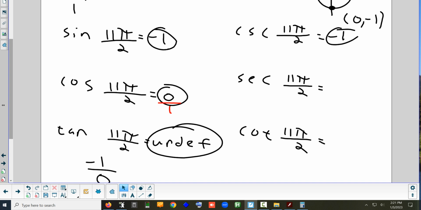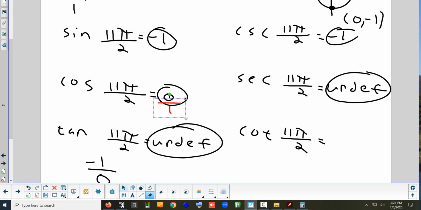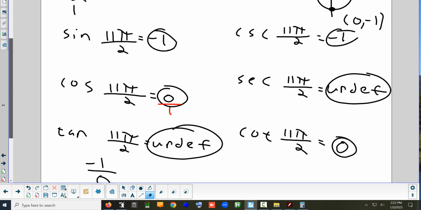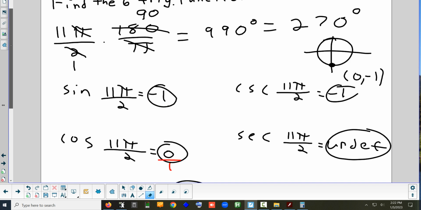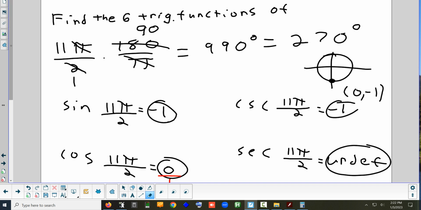It's going to be undefined. So if you flip 0, you get undefined. If you flip undefined, you get 0. And there's the 6 trig functions for 270 degrees, which is really 11 pi over 2. Same thing.